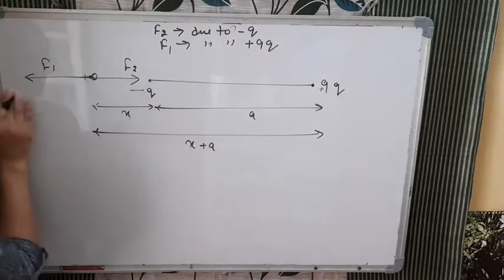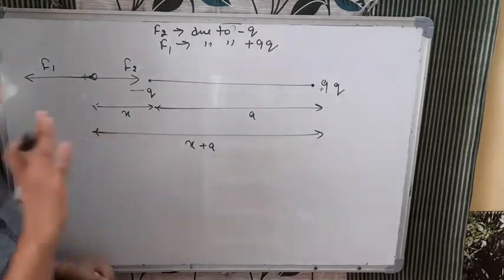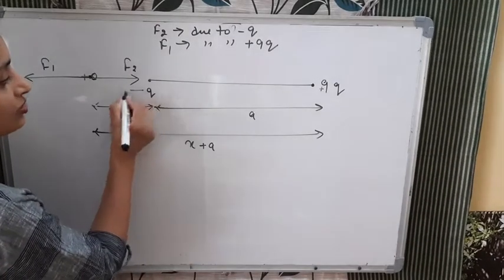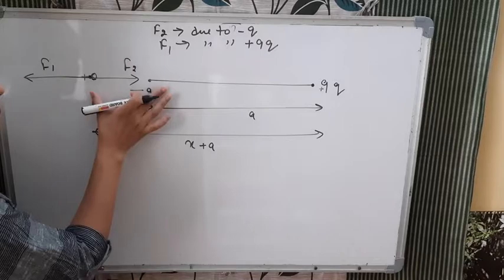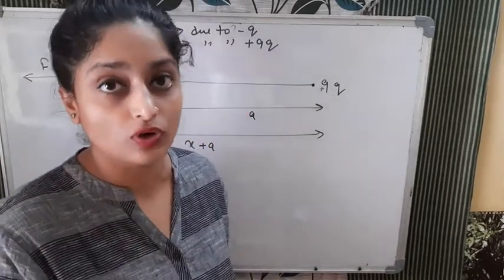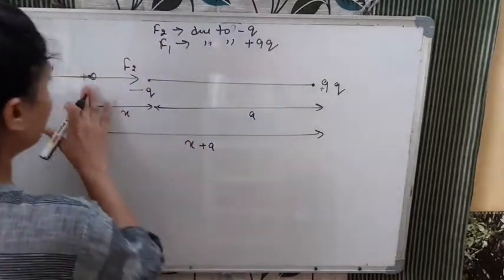So one force will be in this direction, one in this direction, and now there are chances of cancelling out. Why? Because this negative q is smaller but it is very near to this. So distance जब कम हो जाता है तो force बढ़ जाता है according to Coulomb's law. So force will be more here.